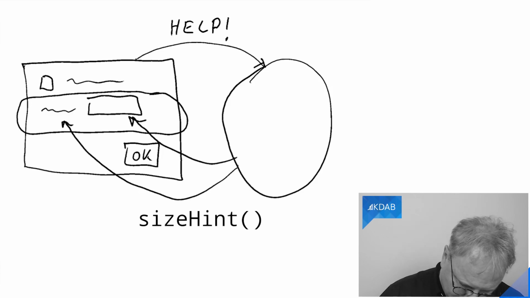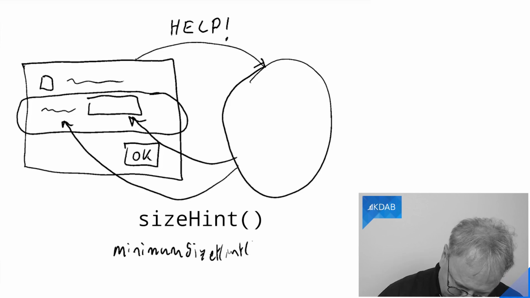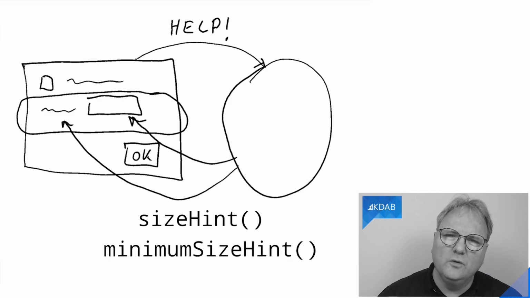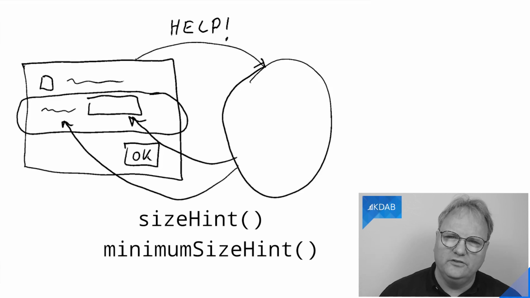The method that it will call is minimumSizeHint. So it'll call minimumSizeHint on these two to get an idea. In addition to that, there is a bit more that's going on.